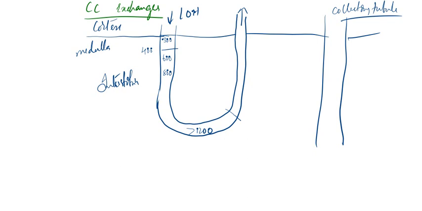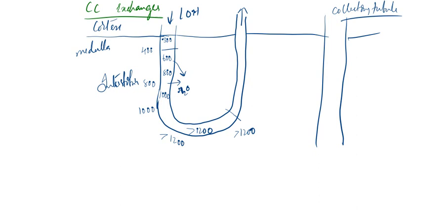Finally we come to more than 1000, more than 1200, 800 and 1000, and it will be greater than 1200. This is all interstitium. Here also you will be having more than 1200.